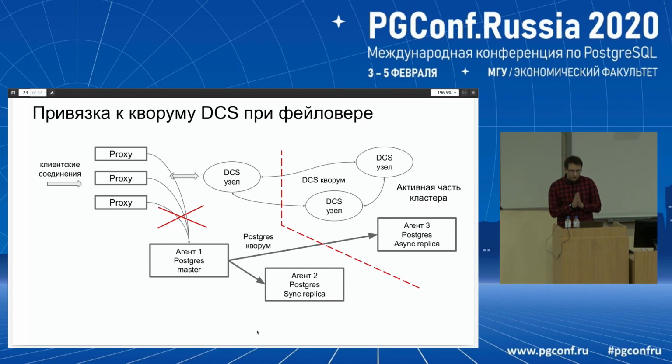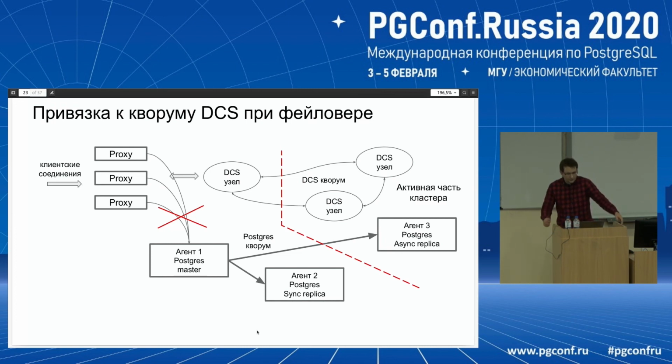And also, you have to remember one thing, that when a split happens, the active part of the cluster will find itself where the DCS quorum will be located. So you can see it in the picture. You can see the quorum of Postgres on one side and the DCS quorum on the other side. So where we have a Postgres quorum, this part is not active.